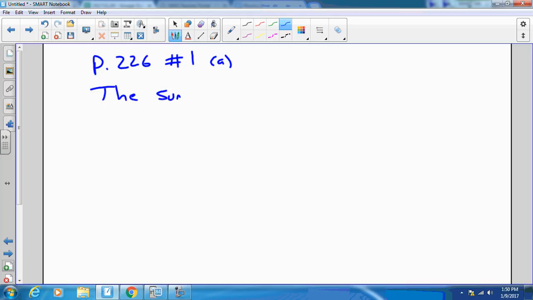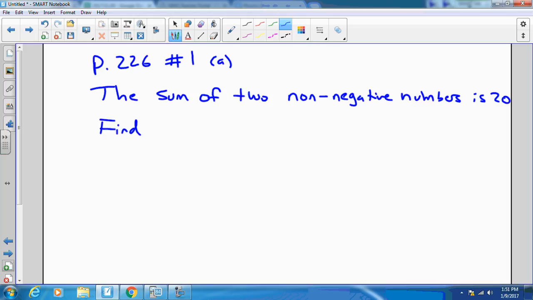Now on page 226, we are told that the sum of 2 non-negative numbers is 20. And they ask us to find the numbers if, and then they give us 2 different conditions.